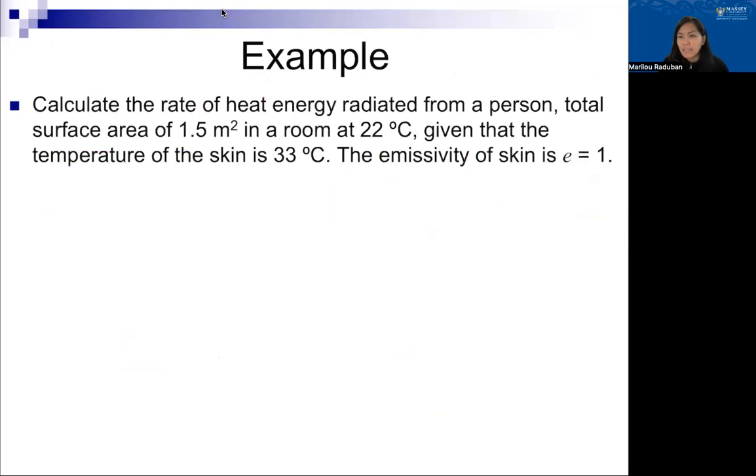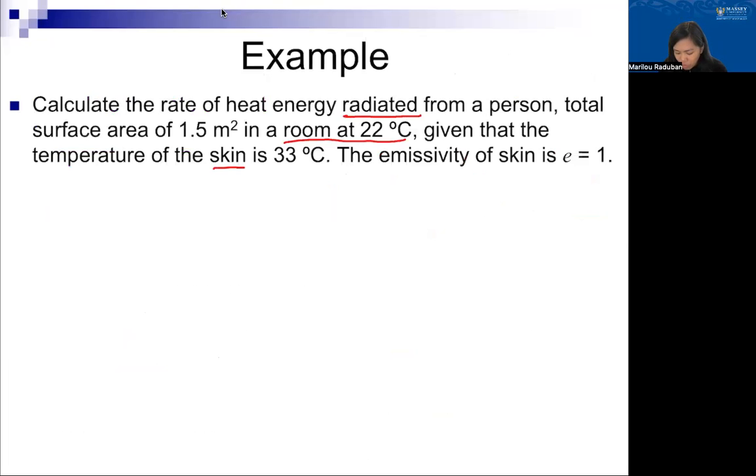Okay, so let's look at an example to see how to use the Stefan-Boltzmann equation. Calculate the rate of heat energy radiated from a person. The total surface area of that person is 1.5 meters squared. The person is in a room. The temperature of the room is 22 degrees Celsius.